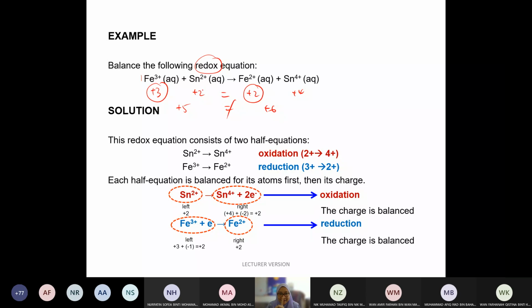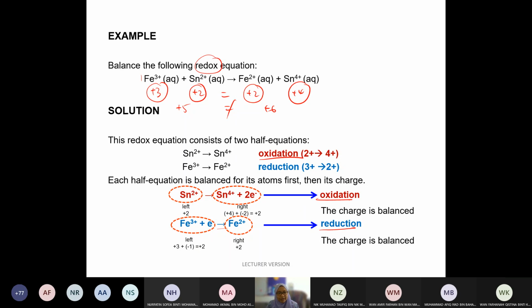So tin, initially it is +2, they become +4. So increase in oxidation number. So bila dia increase oxidation number, that is the characteristic of oxidation. So you asing dulu siap-siap. Okay, bila you asingkan, ni dah asing. This is oxidation, this is reduction. Okay, alright.